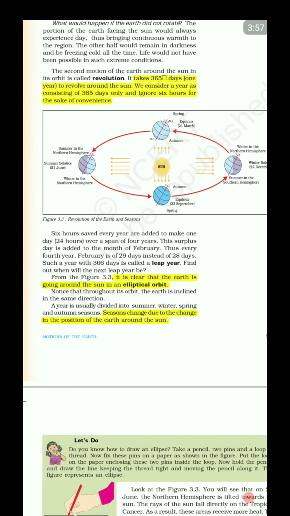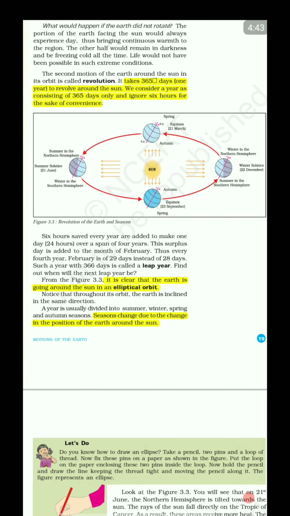The same vice versa happens when the south pole tilts towards sun, leading to the summer in south, the days getting long, so much so that almost 6 months after 21st June, that is on 22nd December, it is the longest day in the southern hemisphere, and shortest night there, right?